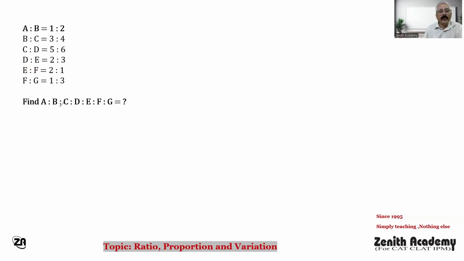Like A is to B is to C is to D is to E is to F is to G. First this into this into this into this means 1 into 3 into 5 into 2 into 2 into 1. And then 2, 3, 5, 2, 2, 1.